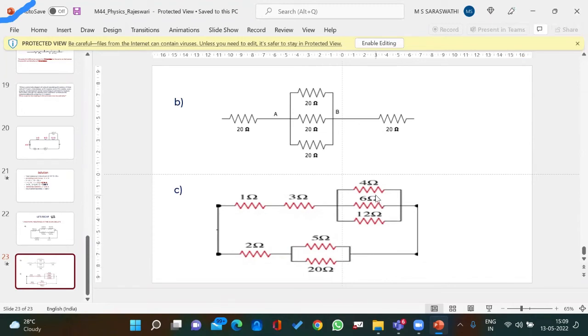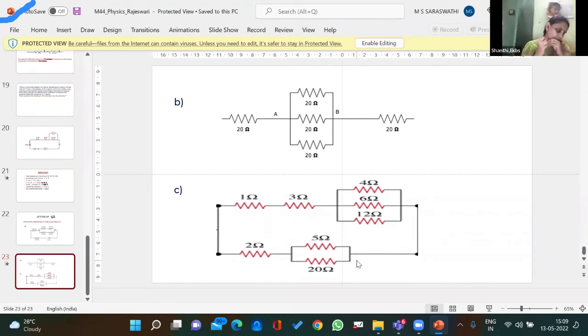So now this and this are in series. So what will be the effective resistance? 1 plus 3 plus 2 plus 2 plus 4. Correct? 12. Yes, ma'am. 4, 5, 6, 7, 8 plus 4, 12 ohms.